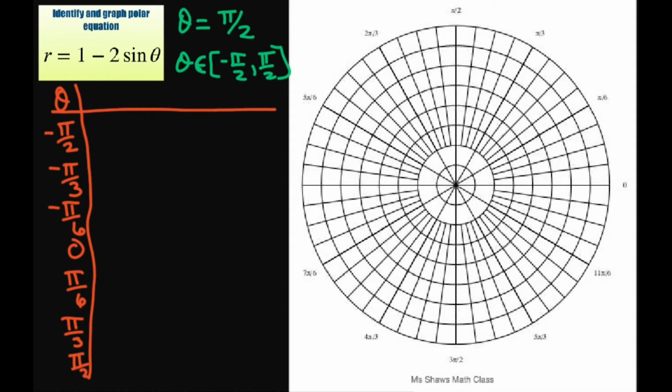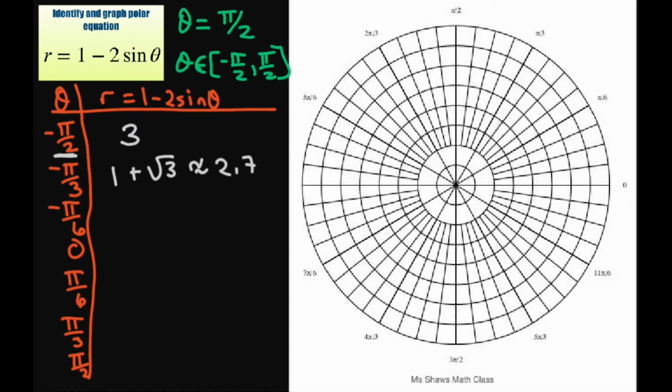My r value is what we're looking for, and r equals 1 minus 2 sine of theta. Substituting in my values for theta, I'm going to get r equals 3 for the first one. At negative pi divided by 3, we're going to get 1 plus square root of 3, which is approximately 2.7.